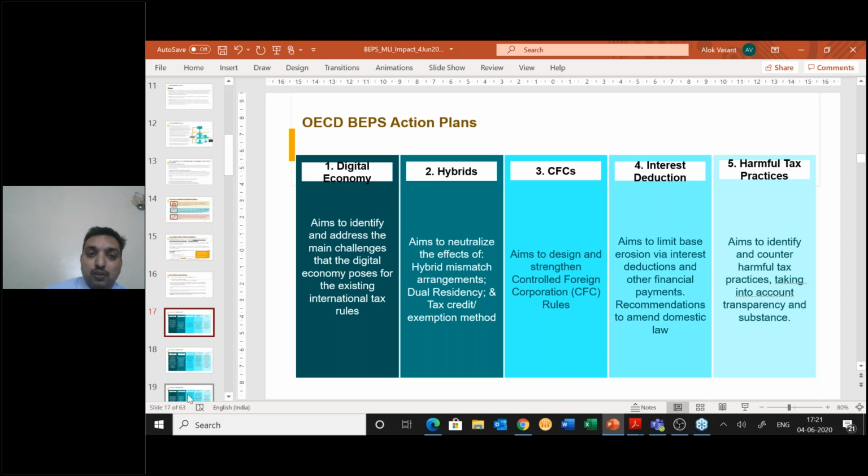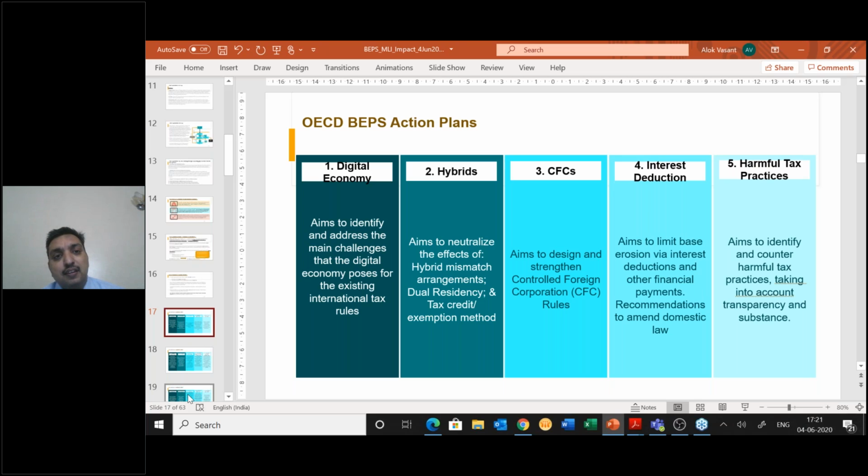The time won't permit to go deeper into individual action plans, but the idea is to just let you know what all action plans have been recommended by the OECD, and pursuant to that, what all changes have happened in the domestic law as well as in the tax treaties.